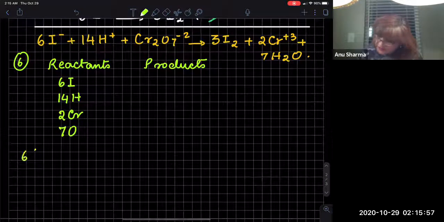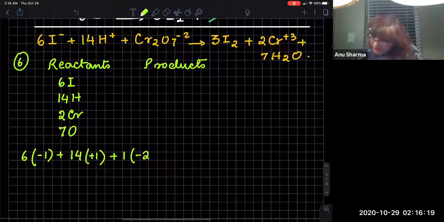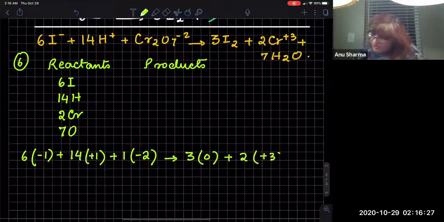Charges are 6 times minus 1, that's coming from iodine, plus 14 times plus 1, that's coming from hydrogens, plus for the dichromate, it's all one thing, and that is going to be minus 2. So 1 multiplied by minus 2, and 3 times iodine is 0, plus 2 times plus 3 charge, plus 7 times 0.